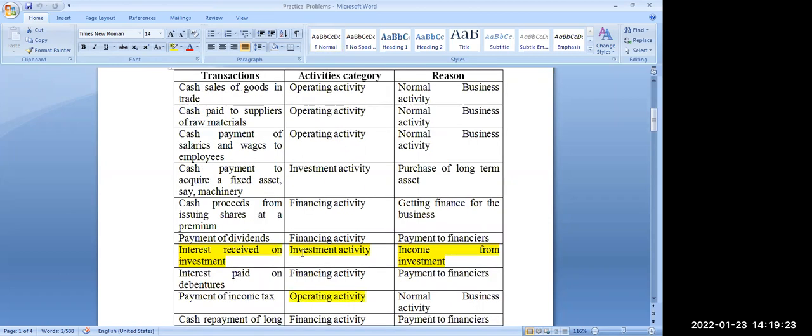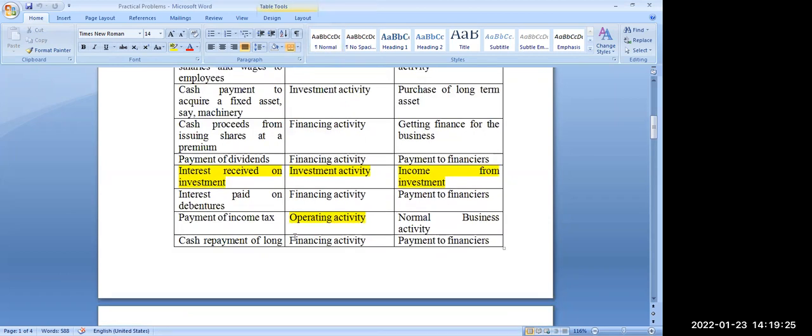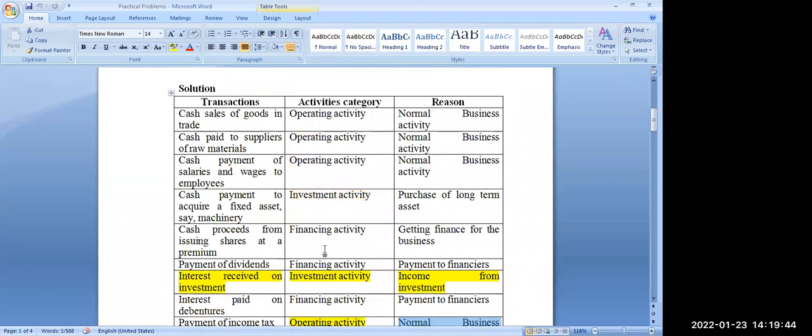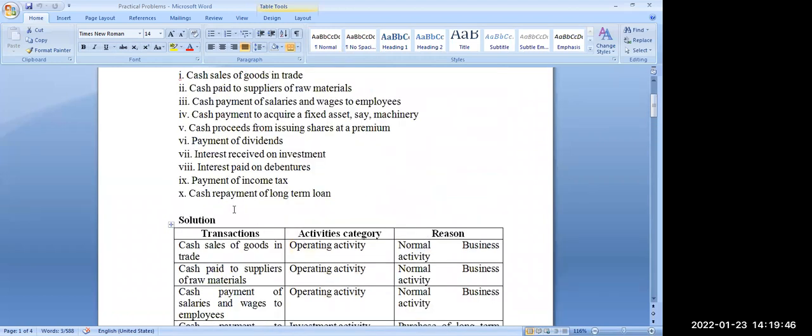This author has classified it into operating activity, but that's an opinion. Okay, next. Cash payment of long-term loan. What is this? Cash payment of long-term loan.